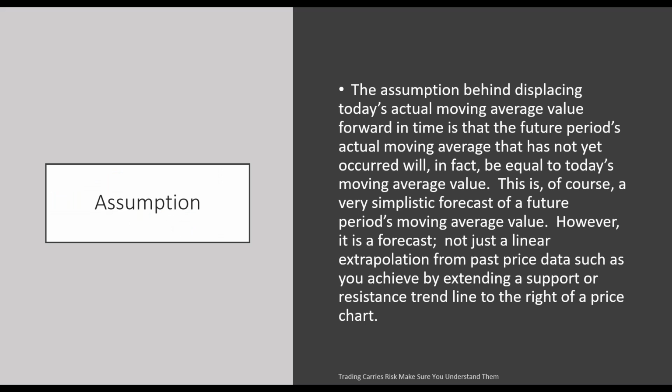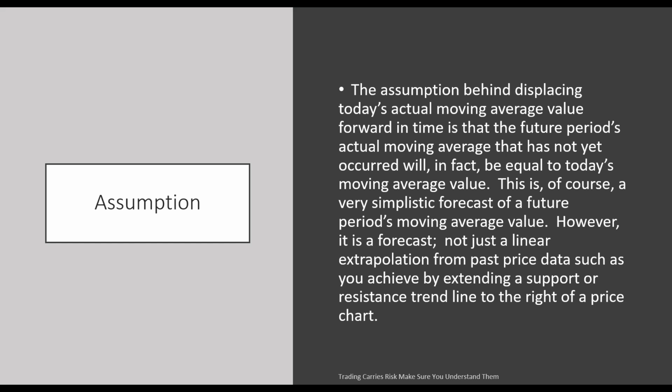So the assumption behind displacing today's actual moving average value forward in time is that the future period's actual moving average that has not yet occurred will in fact be equal to today's moving average, or the next time frame's moving average. This is, of course, a very simplistic forecast of the future period's moving average value.